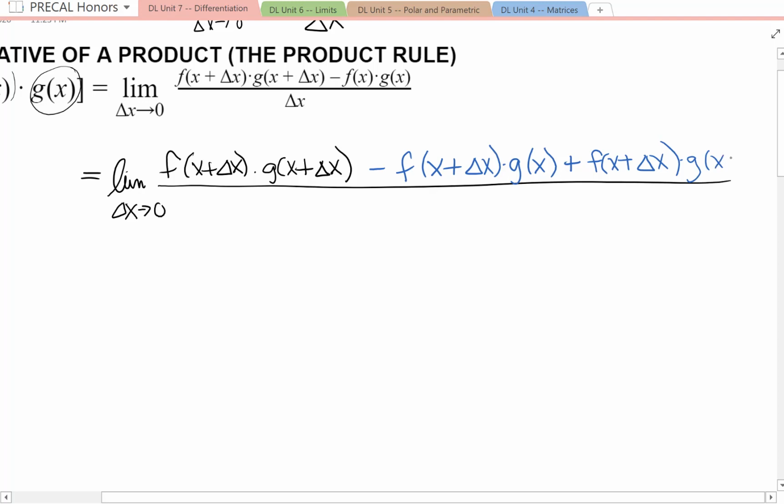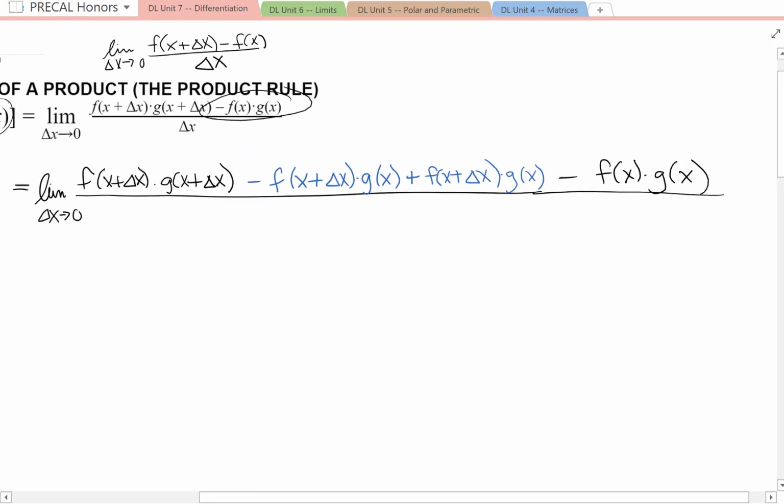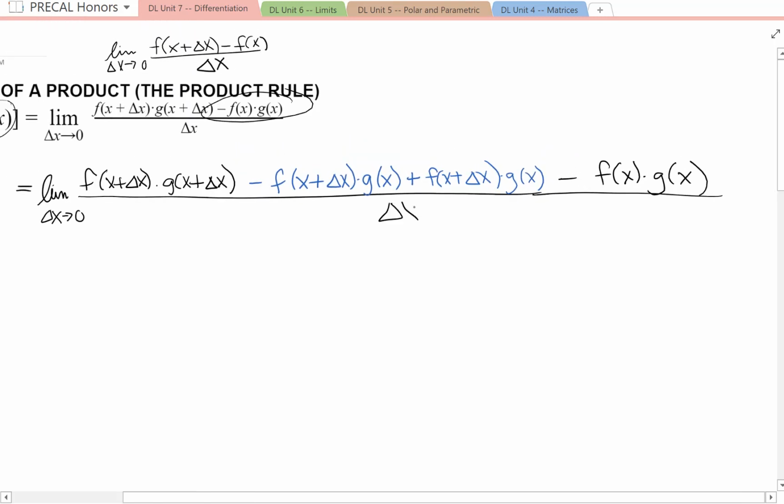So now we're going to add f of x plus delta x times g of x. In the numerator, we still have minus the product f of x times g of x. All of that is over delta x.